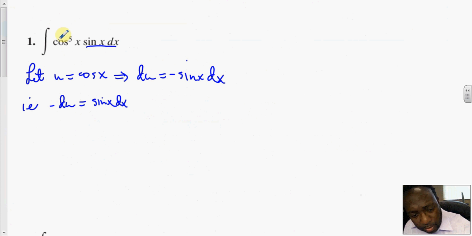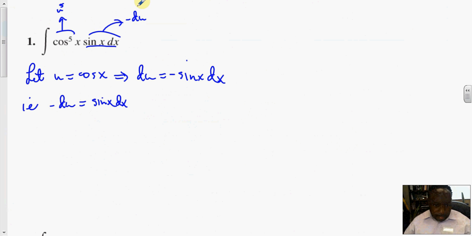So cosine becomes u to the 5th power, and this expression here would be represented by negative du.